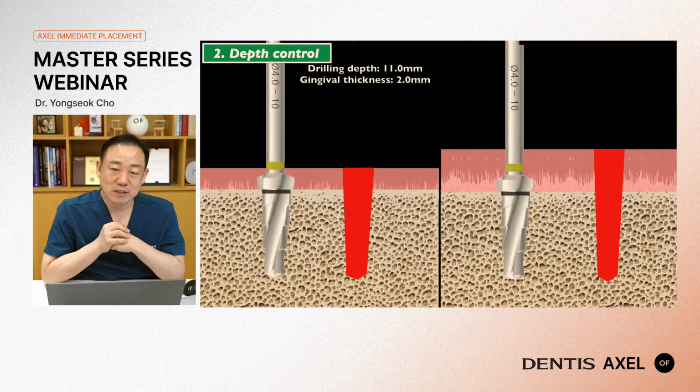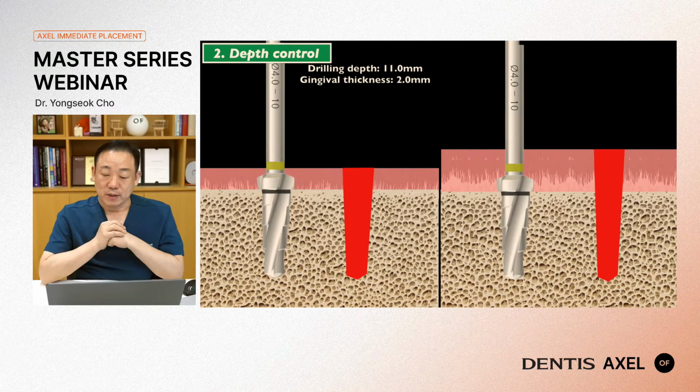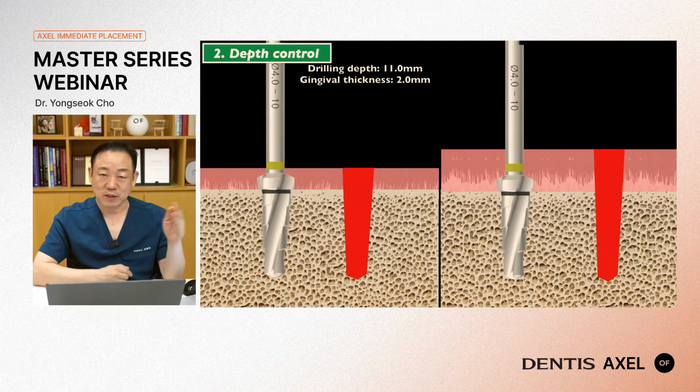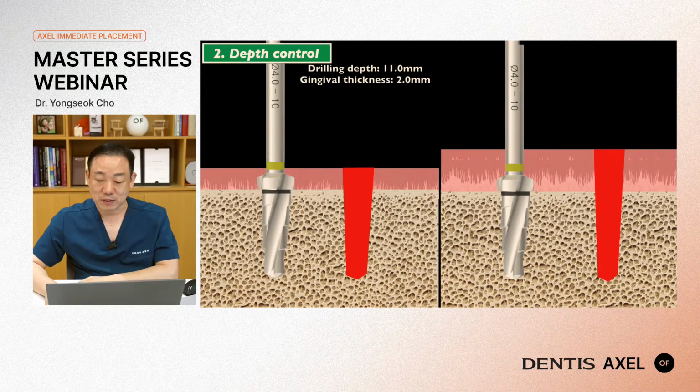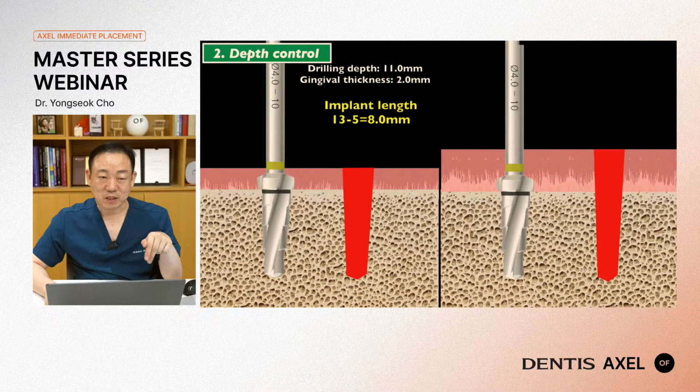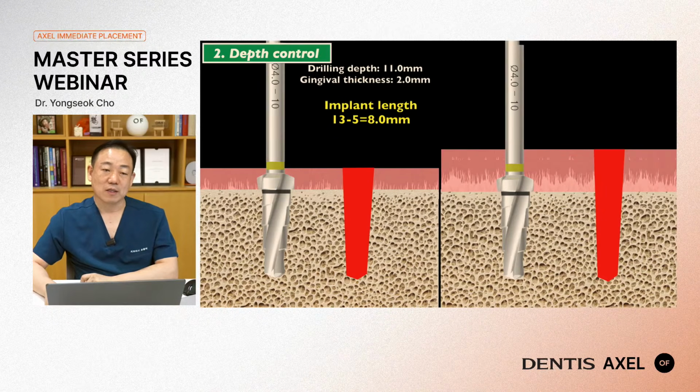In case of thin soft tissue, like the left picture, it is a total of 13 millimeter deep from the bottom to the gingival margin. Okay, that means when you place the implant about 5 millimeter deep, the available height is 8 millimeter.